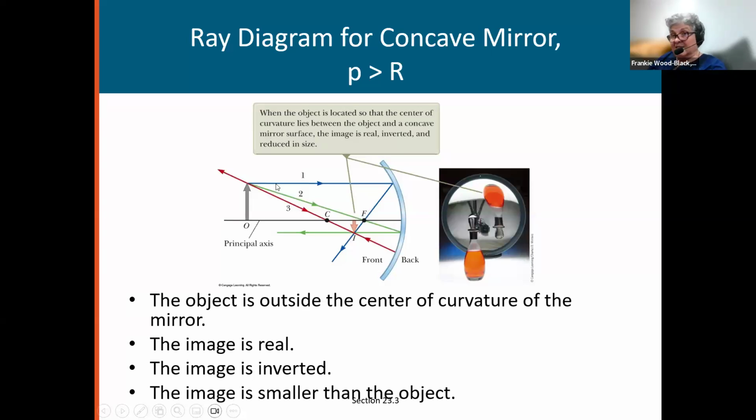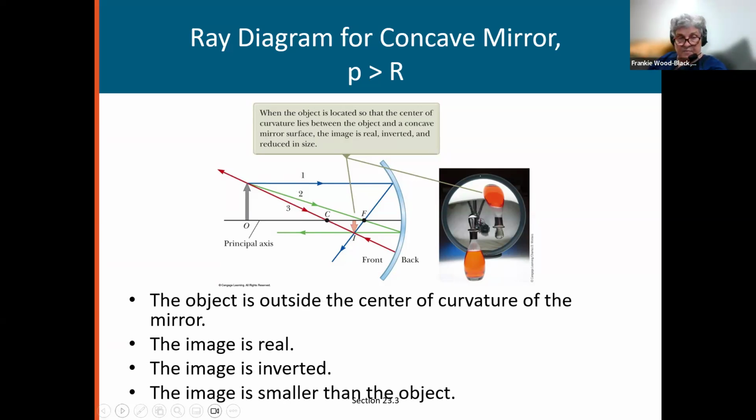So as I kind of alluded to, here's a bigger slide of it. If I have my object outside the radius of curvature, my image is going to be real because I can put a piece of paper there and actually see my arrow. It will be inverted and the image is going to be smaller than the object.